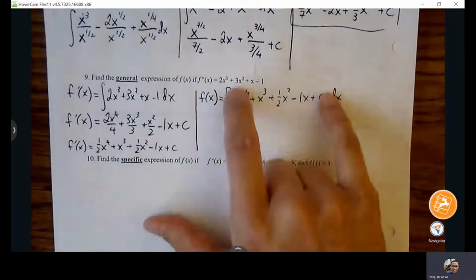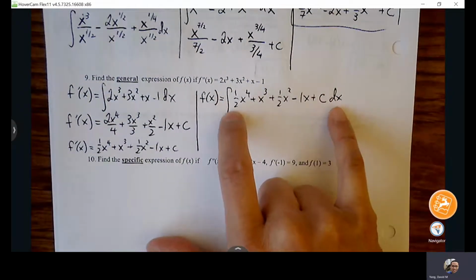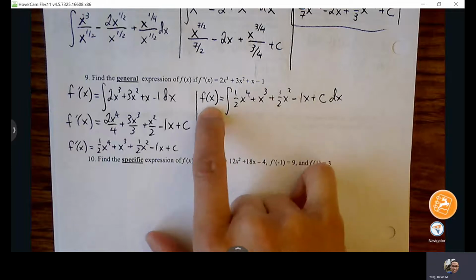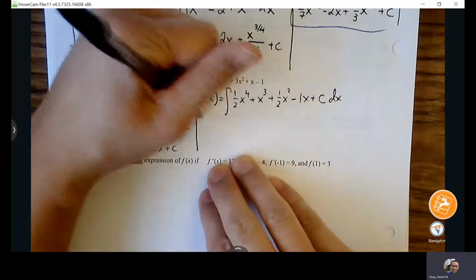Okay. Setting up my notation so that my next antiderivative process will bring me up from f prime to f of x.